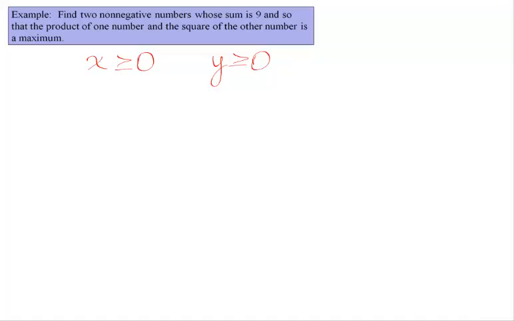Whose sum is 9. That's turning that into an equation. And so that the product of one number and the square of the other number is a maximum.